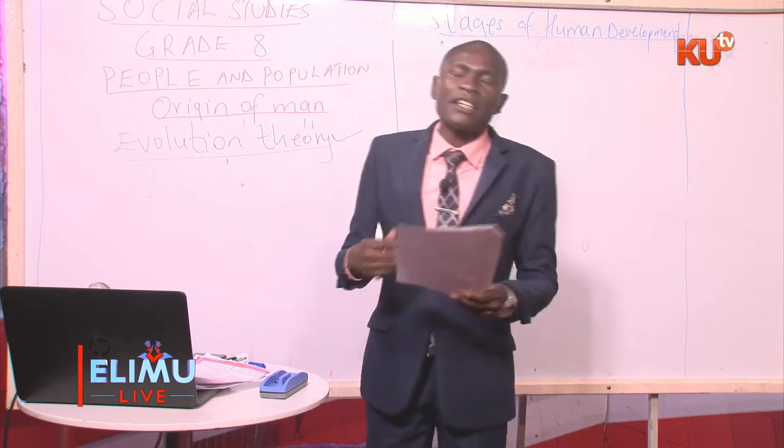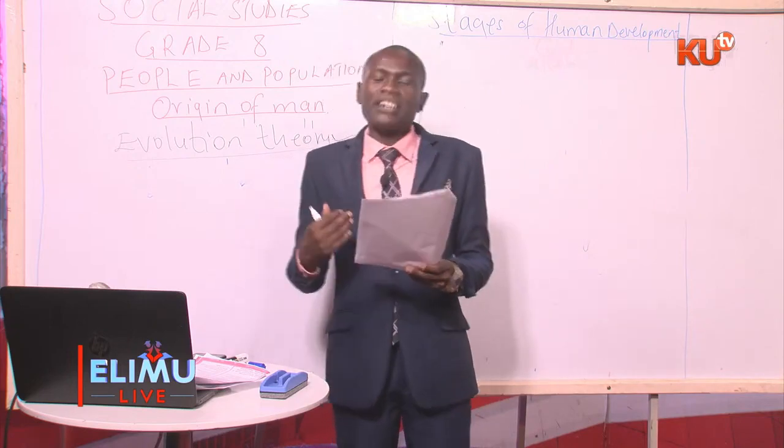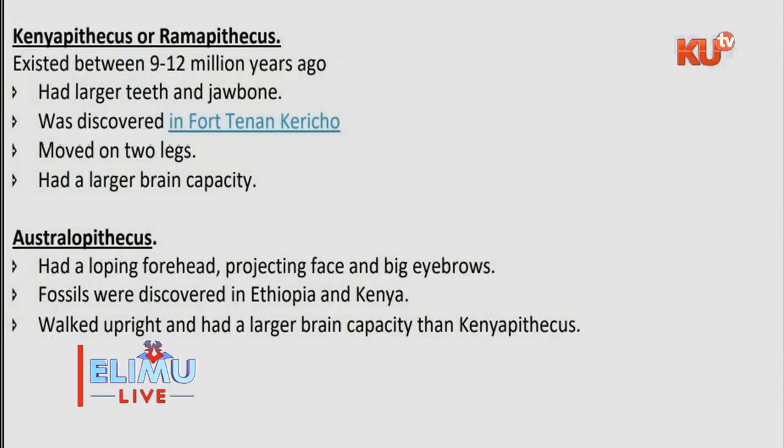Australopithecus also walked upright. He had an upright posture and a larger brain capacity, and his fossils were discovered in Ethiopia. We'll be looking at where their remains were discovered.